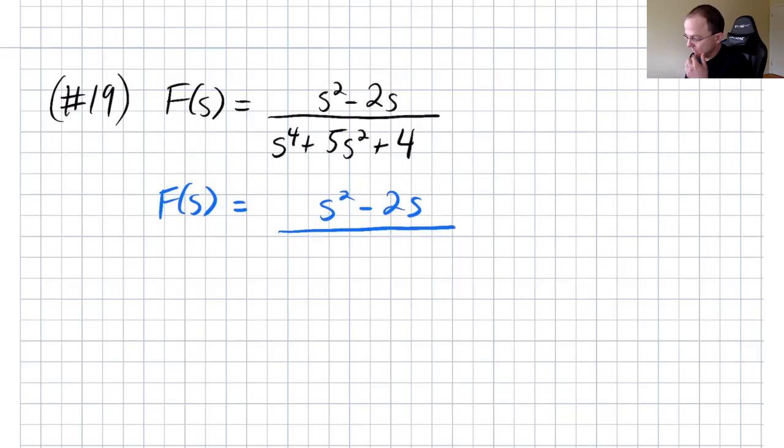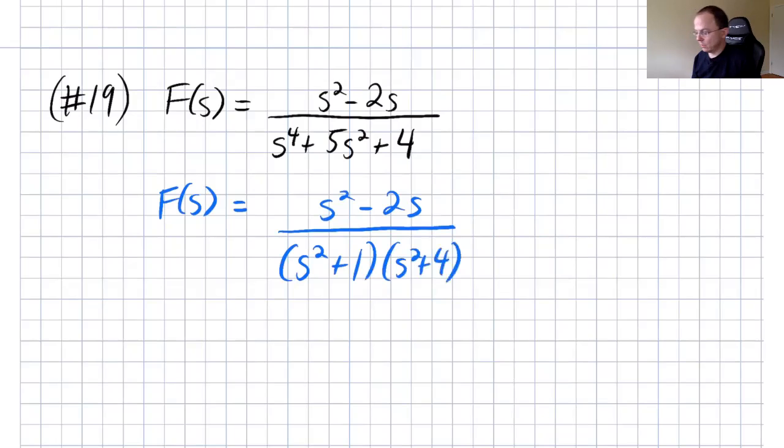So we'll factor this bottom term, and it looks like I can factor it thinking of the s to the 4th. It's kind of like an s squared. So yeah, okay, I see. So we get s squared plus 1 times s squared plus 4.